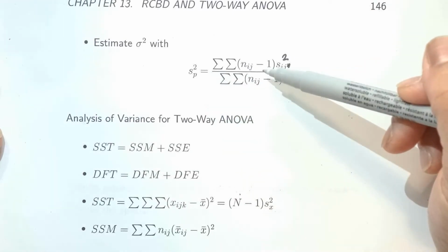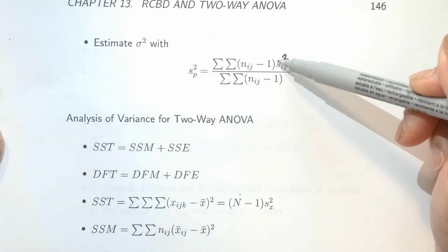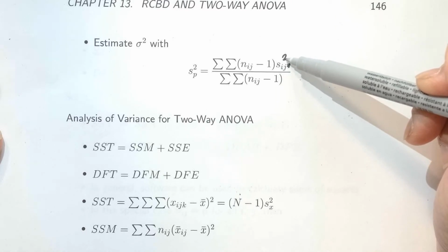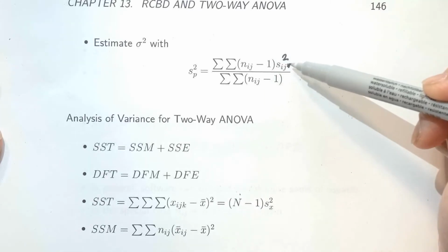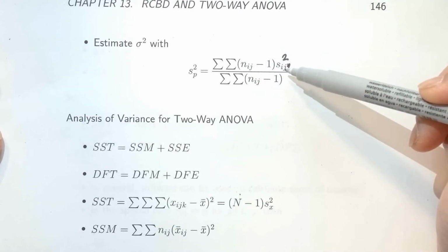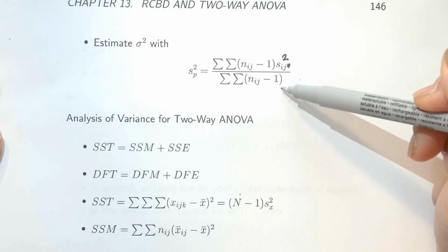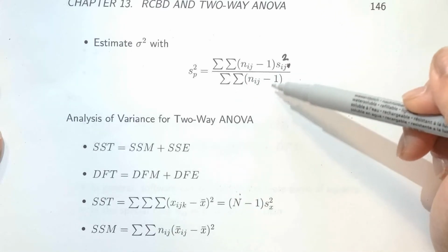So s_p squared is going to say if I know what those sample standard deviations are, I can square them to get the variance. I can multiply by Nij minus 1. So I essentially have the sum of the squared differences of each observation from its cell sample mean. And then I'm going to divide by the double sum of Nij minus 1.